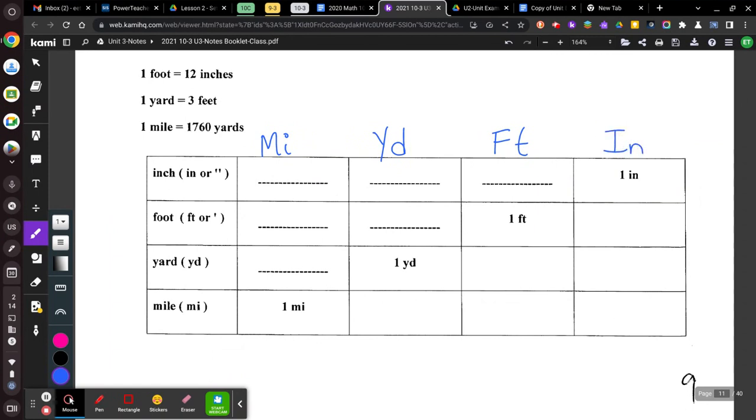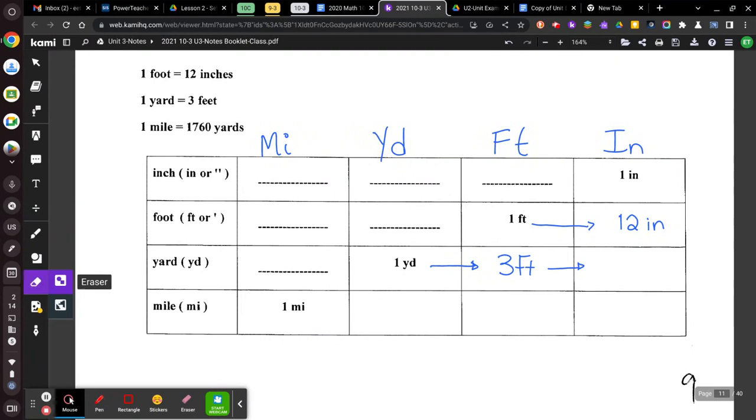All right. And now, if I want to convert, this is our conversion chart. So either we're going to be dividing or multiplying by numbers in this chart. So we're going to say 1 foot is 12 inches. 1 yard is 3 feet.